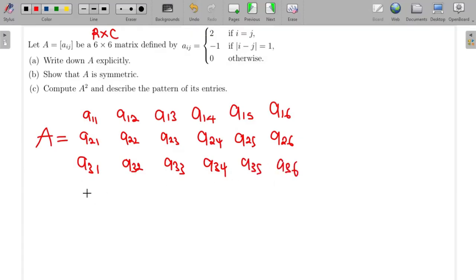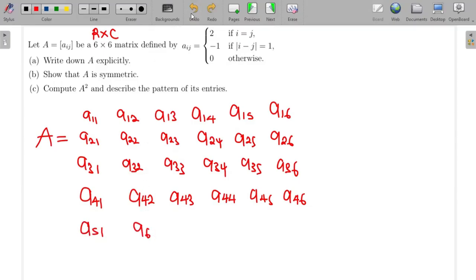Down there we have A41, A42, and then A43, A44, A45, and then A46.